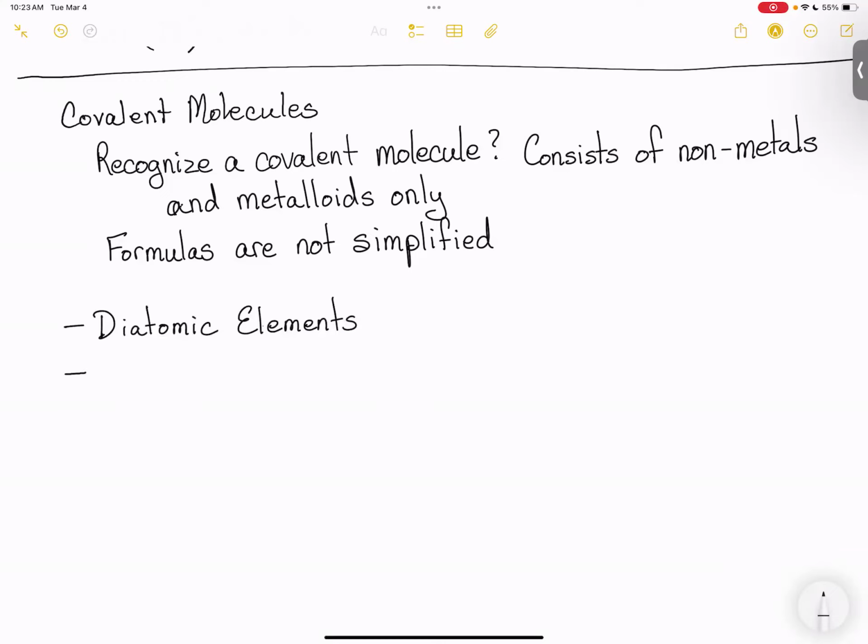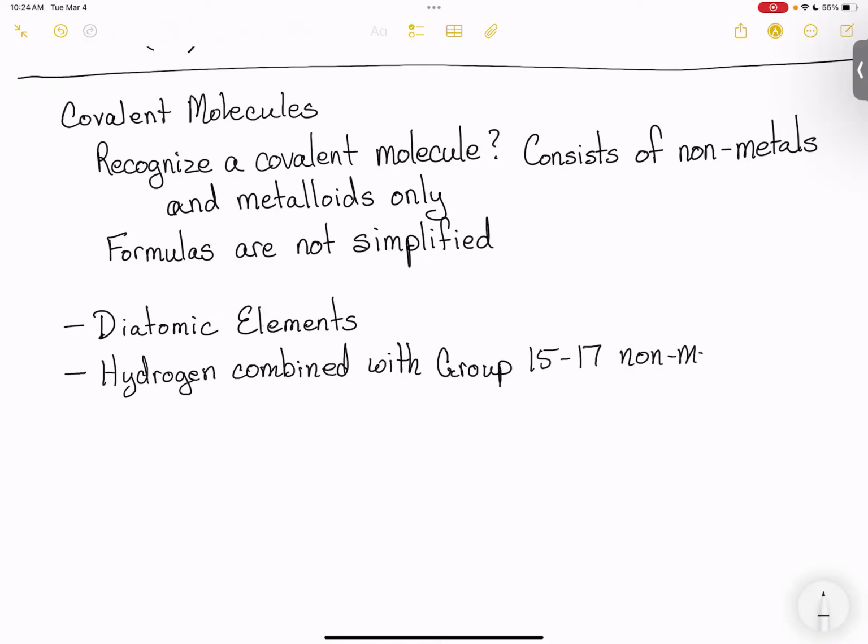The next thing that I'm going to discuss is going to be hydrogen combined with group 15 through 17 nonmetals and metalloids.